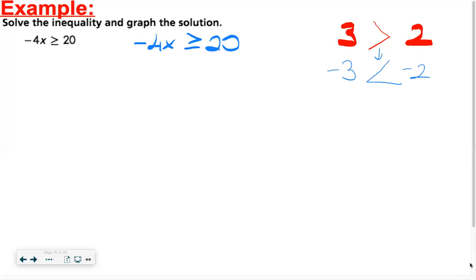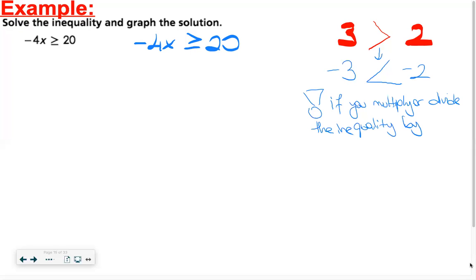So what I noticed here, if you multiply or divide the inequality by a negative sign, you need to switch the inequality symbol.